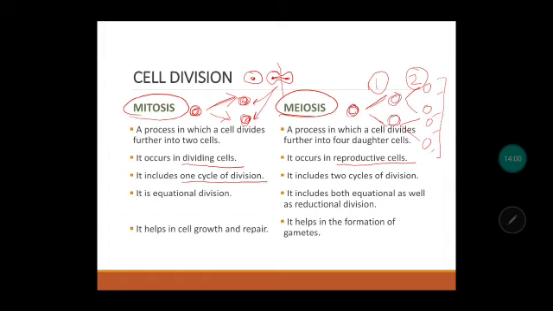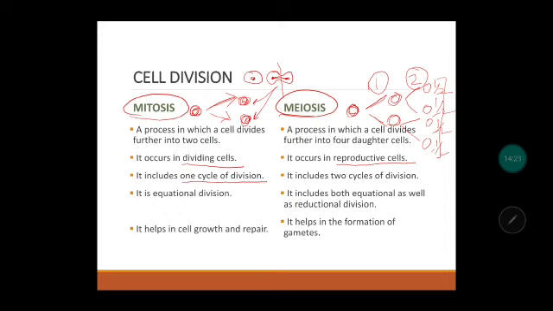But in the second cycle, whatever material is present in this cell, only half will go here and half will go here. Similarly, whatever material is present in this cell, half will go here and half will go here. I will discuss it in the last slide with the help of a diagram.